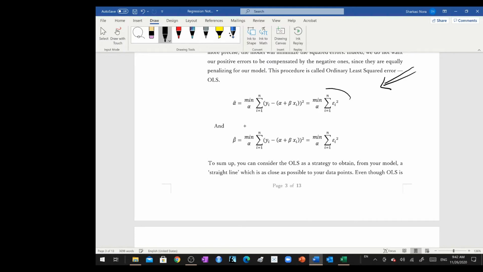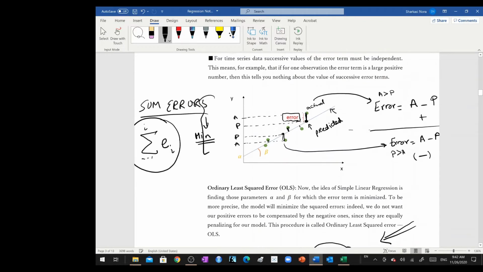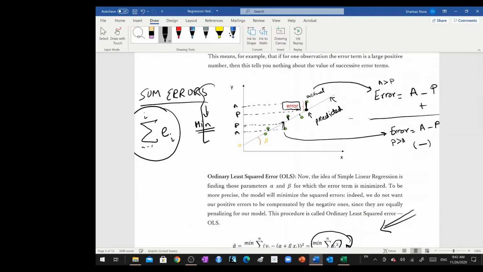In this case, we just need to minimize the errors. But if you take a look, the error term is actually squared. Why is that? This is because, as I explained earlier, the errors with a positive sign will be canceled out by those with a negative sign when we minimize the sum of errors.